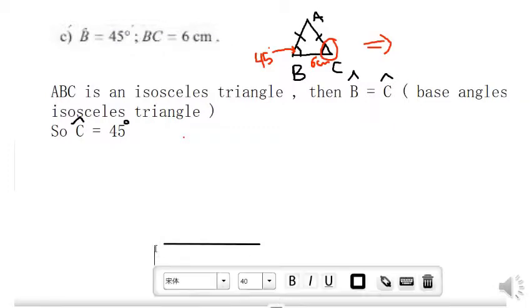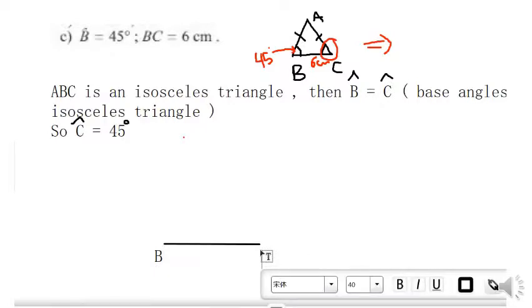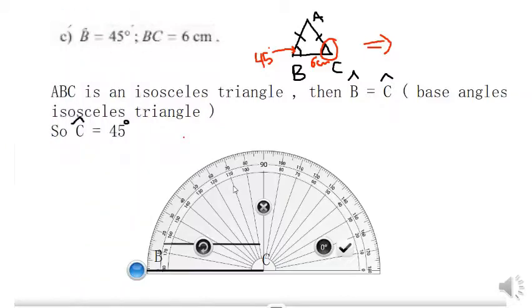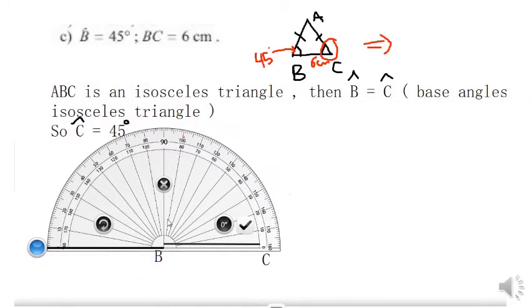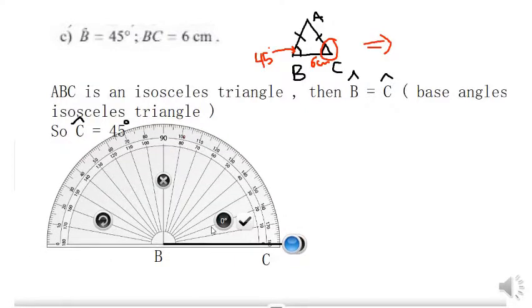Okay, let's name it. This is B. This is C. And the length is 6 centimeters. Now, let's put it on B and measure 45 degrees.